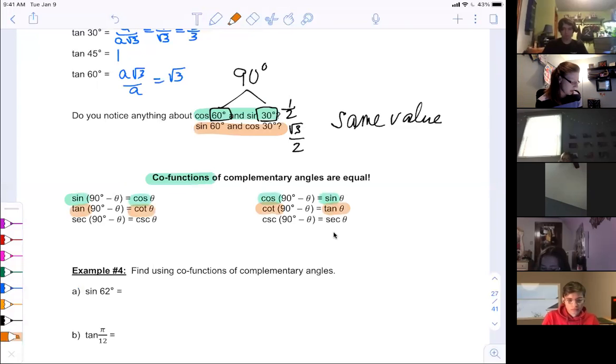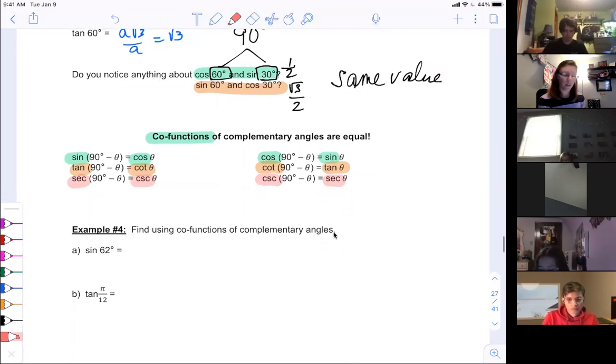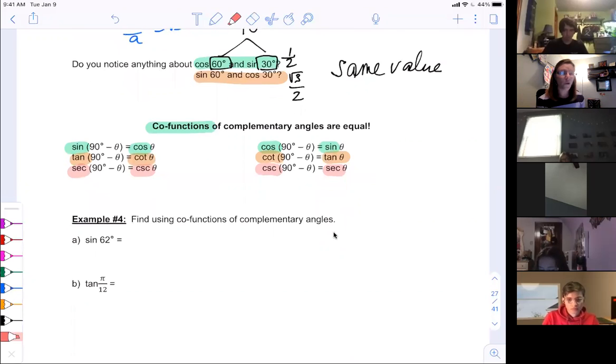And then the secant and cosecant are co-functions. Those values are equal if you're dealing with complementary angles. So if the two angles add to be 90 degrees, then the value of the functions are the same. So co-functions of complementary angles are equal to each other.